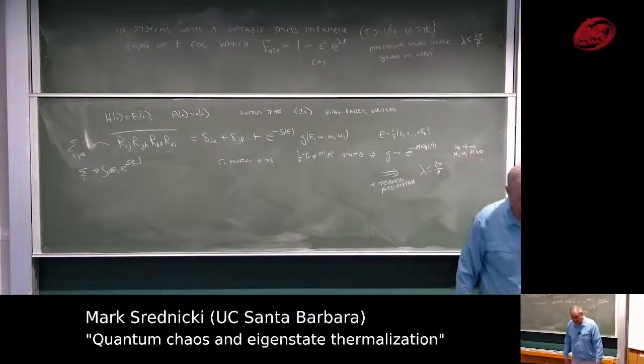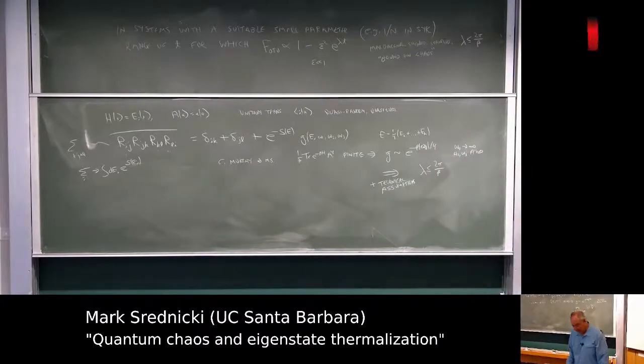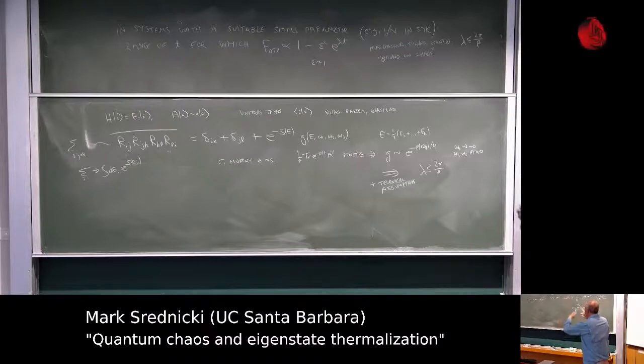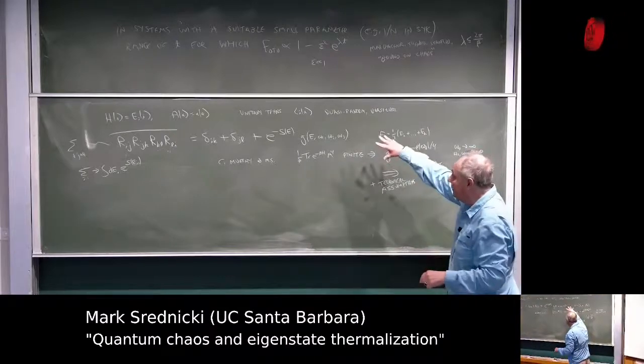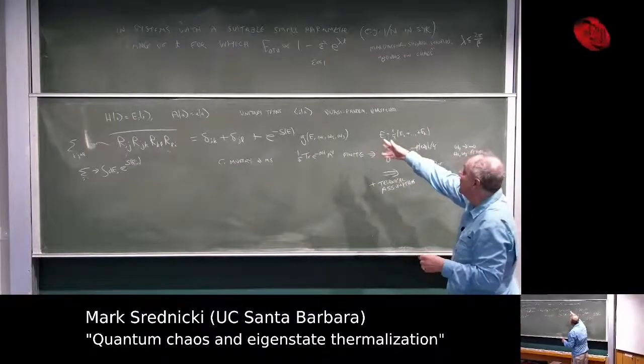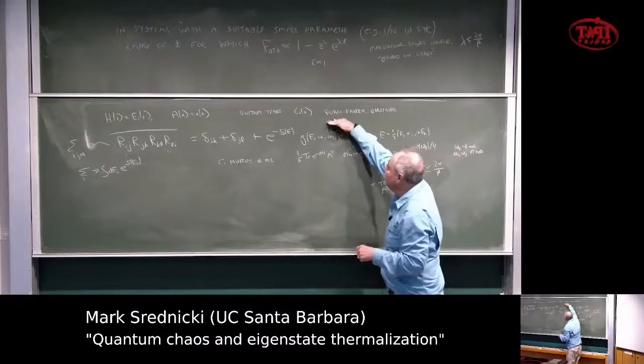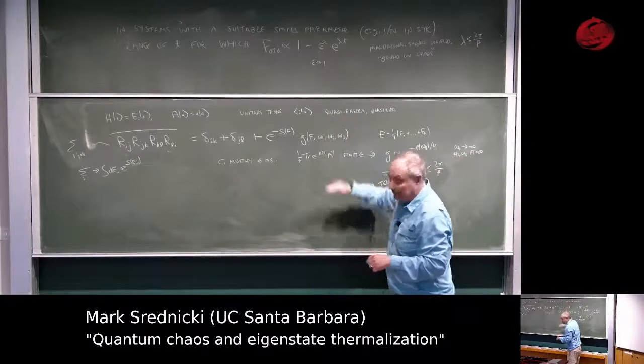Now, when we wrote our paper, we said, okay, this shows how ETH reproduces the bound on chaos, because we were using the basic ETH ansatz and putting in corrections that have to be there from the correct way of thinking about the transformation.